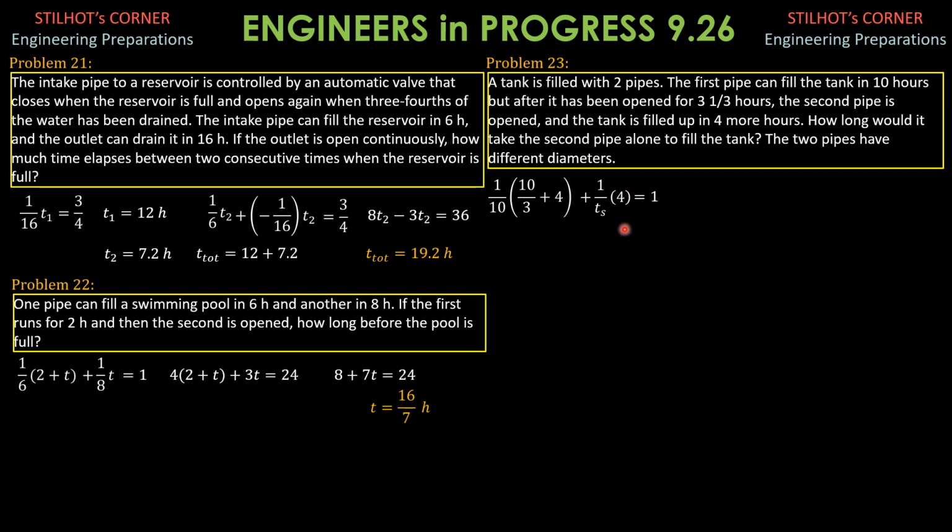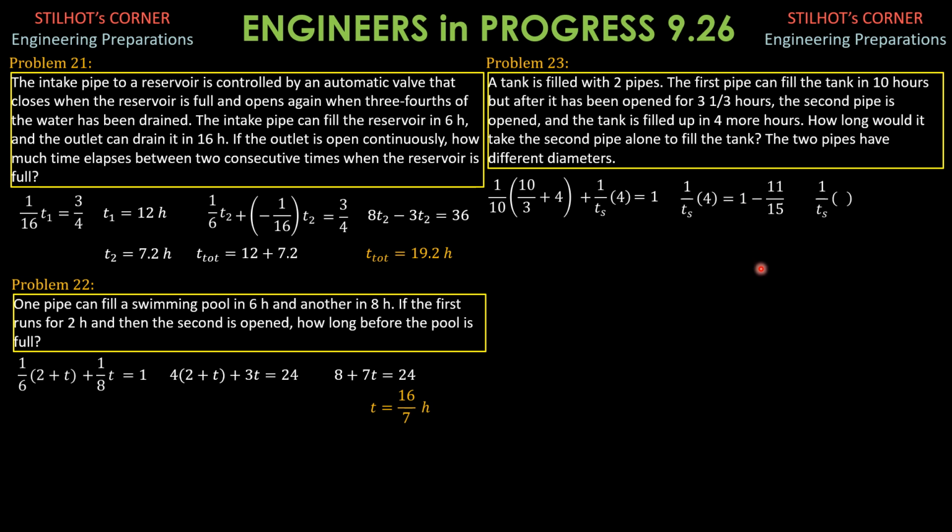So 4 over T sub S is 1 minus this value. This value is 22/3 over 10, so 22/30 is 11/15. So 4 over T sub S equals 1 minus 11/15, and that is 4/15.